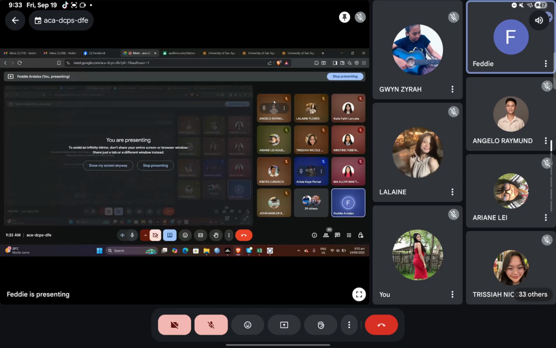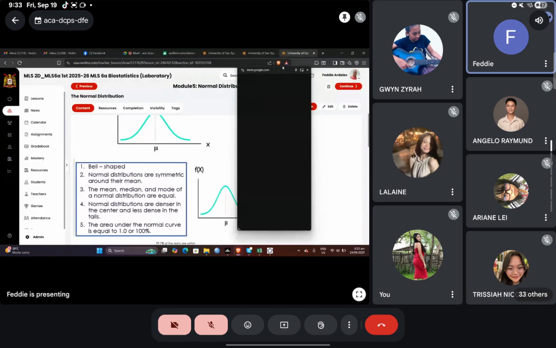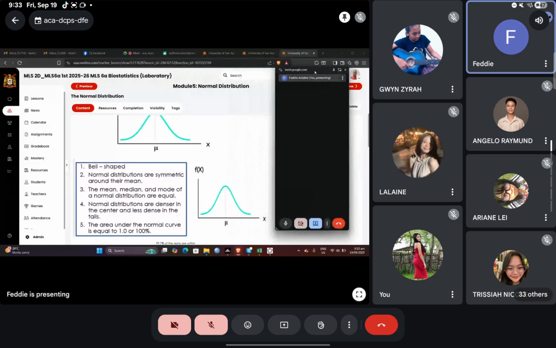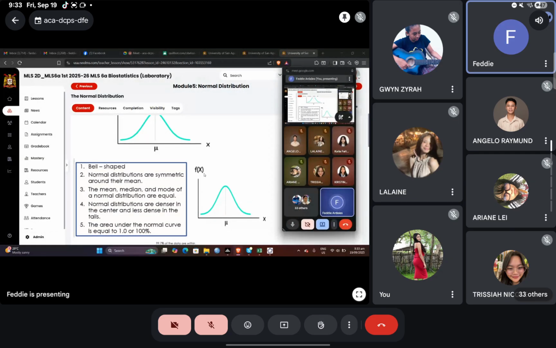These are the properties of the normal distribution. You can type your message in the chat box, and we'll go back to that later. Okay, so thank you, Regine.